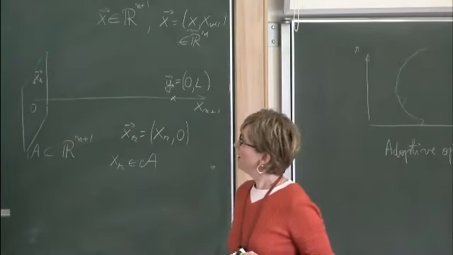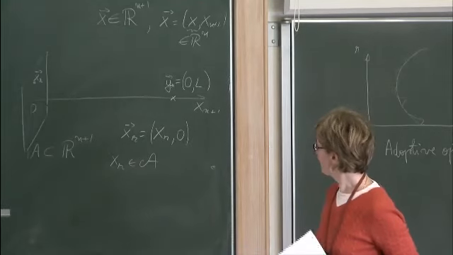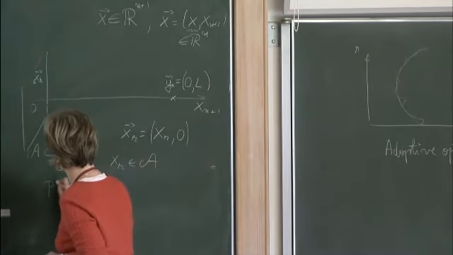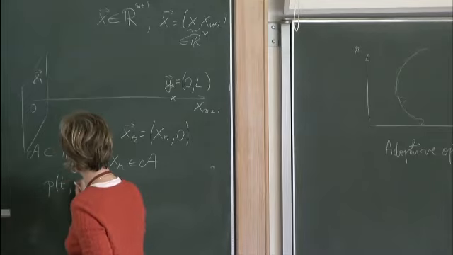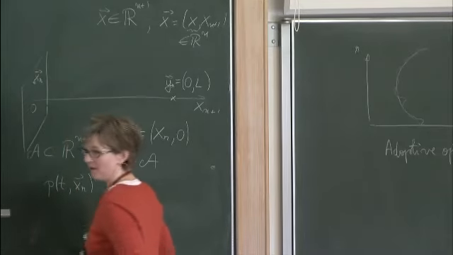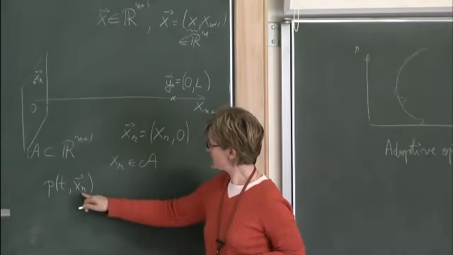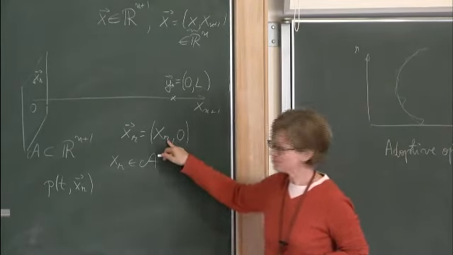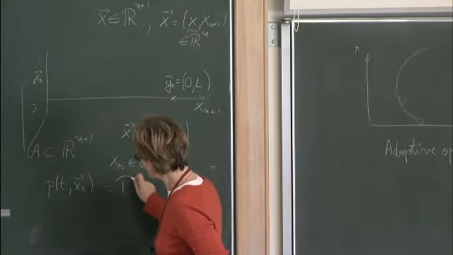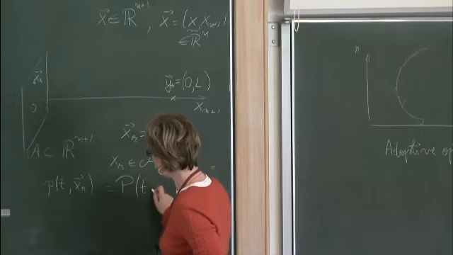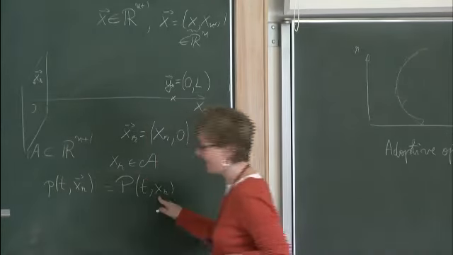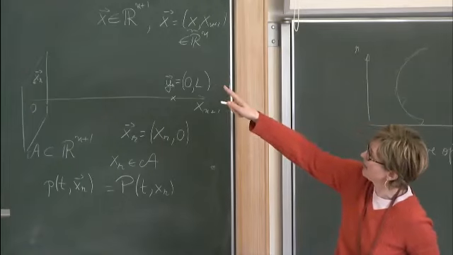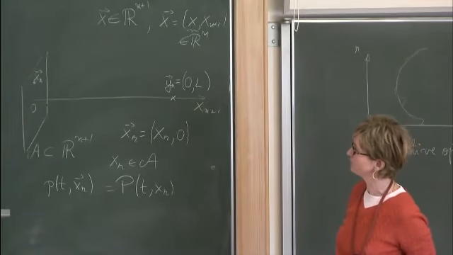Because of this simplification, even though I called the data little p of t and x_R, I only have cross range here. So I'm going to simplify notation and call it capital P of t and x_R, where x_R is now an n-dimensional vector, the cross range vector. And the same for the scattering data. That's what is written there in blue.